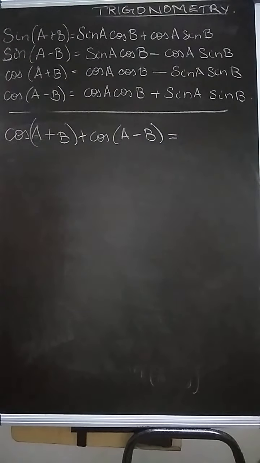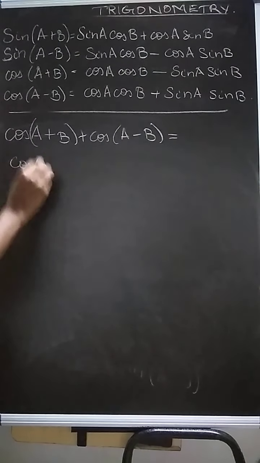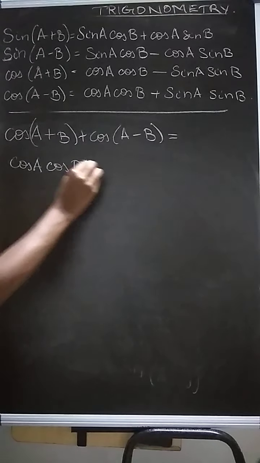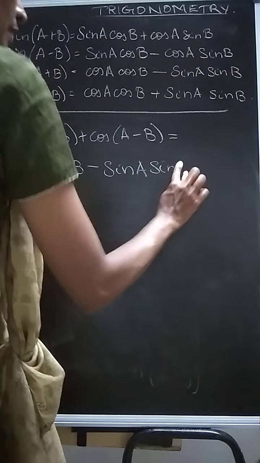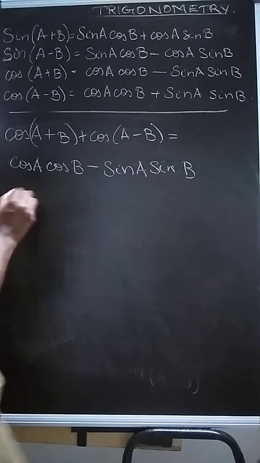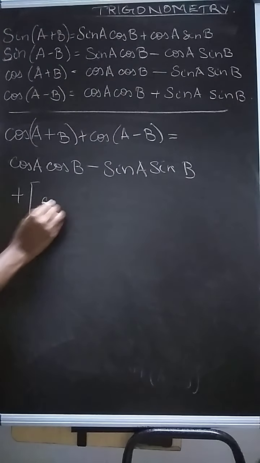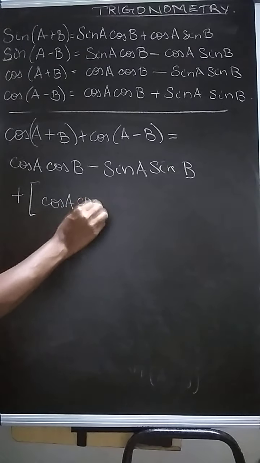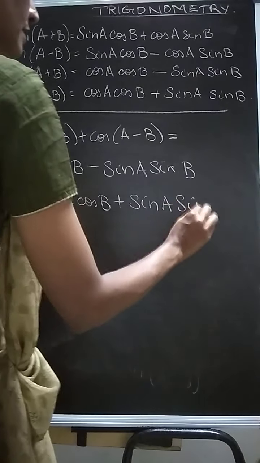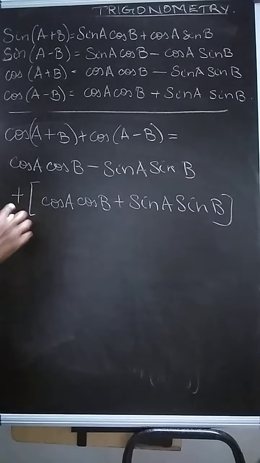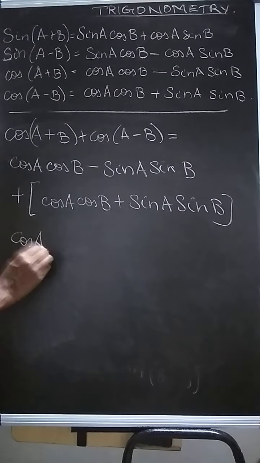Now we are going to add the third and fourth formulas. cos(A+B) + cos(A-B) is equal to cos A cos B - sin A sin B plus cos A cos B + sin A sin B. Since plus is here, the signs don't get changed.